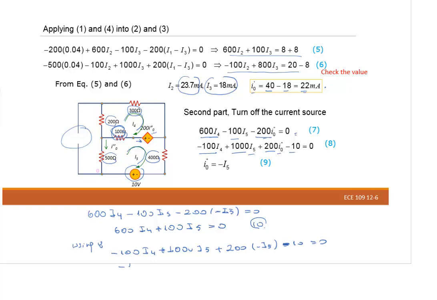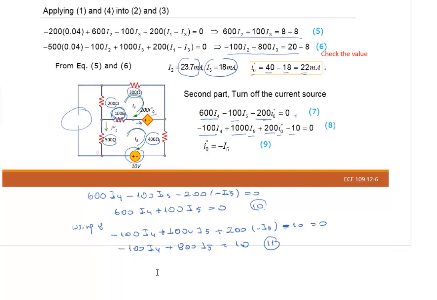This will give us negative 100 I4 plus 800 I5, because the 200 is gone right there, will be equal to 10. This is equation 11. So our matrix will be like this here. If I have enough room right there, I will write 600, 100, negative 100, and we have 800 right there.